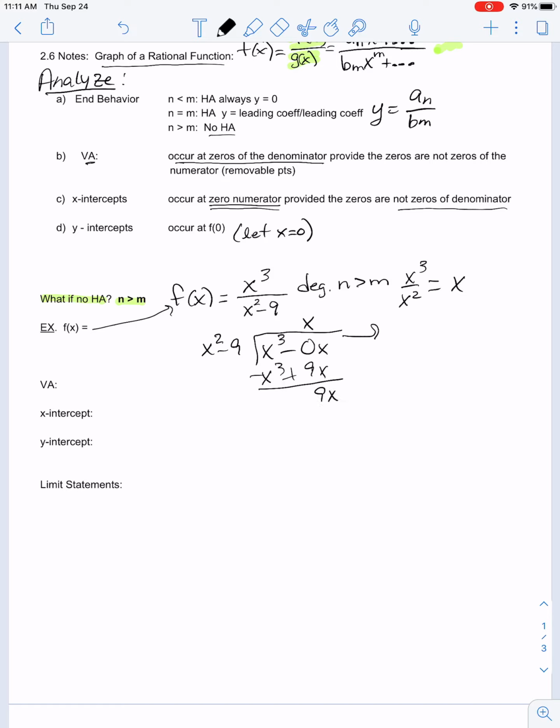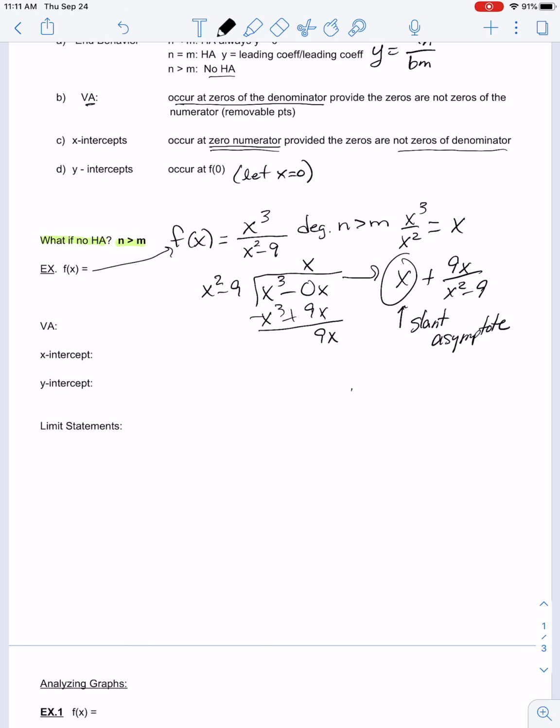Okay, so we end up here with x plus 9x over x squared minus 9. Well, this part right here is what we will call a slant asymptote. Okay, in fact, if you think about the graph, or put this function in your calculator and take a look, that slant asymptote would be y equals x, which is just your line coming through here like so.